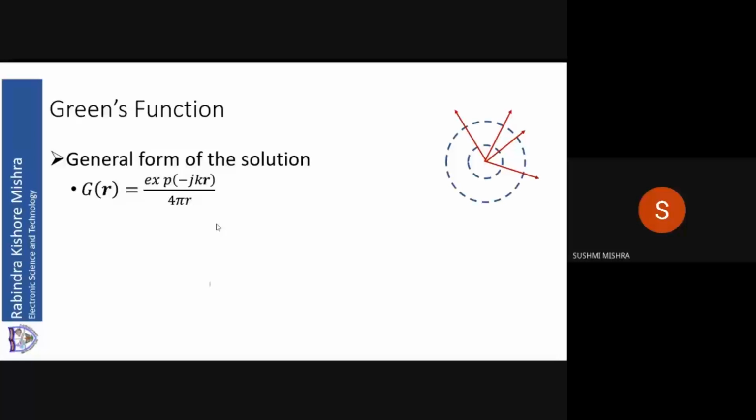Now you know exponential jkr gives you the phase. So for a fixed r, the phase remains fixed. But as I keep on changing r, the amplitude keeps on decreasing, right? Because there is a 1 by r term.